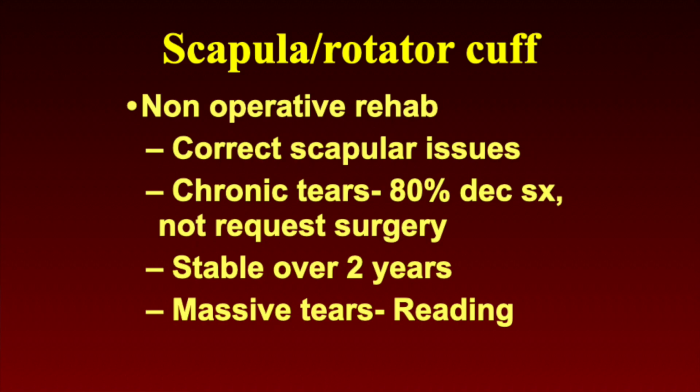Well, non-operative rehabilitation actually has been shown to correct scapular issues in the chronic tears, with as much as an 80% decrease in the symptoms, and the request for surgery decreases by that same amount. These outcomes are stable over 2 years as well. If you have large tears, you may need the Redding protocol.